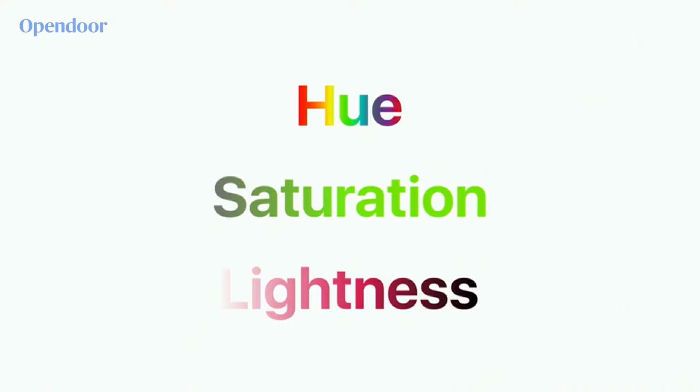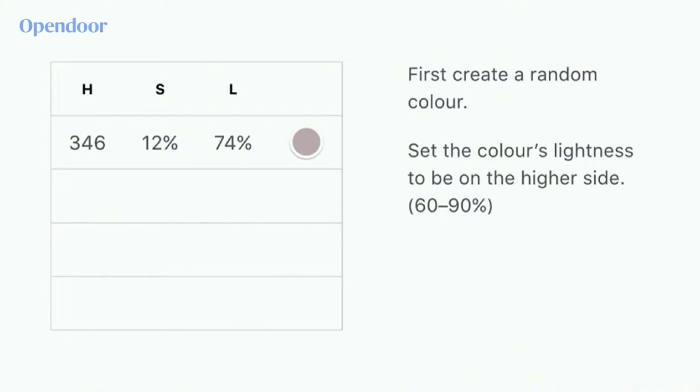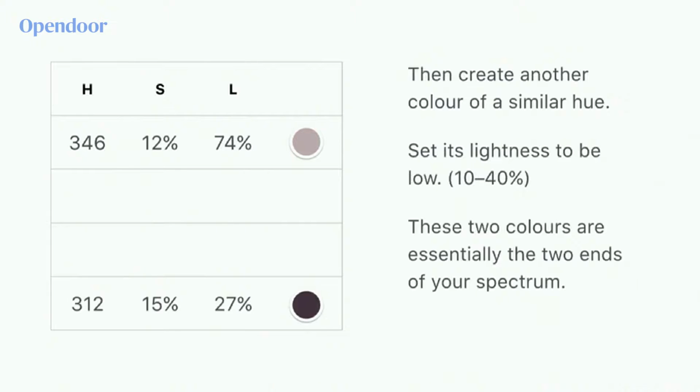To generate these palettes, we'll be using a color system called HSL. This stands for hue, so what color it is, saturation, how intense the color is, and lightness, how light or dark the color is. To generate our analogous palette, we'll first generate a random color. This color should be on the lighter side, with the lightness value between 60 and 90%.